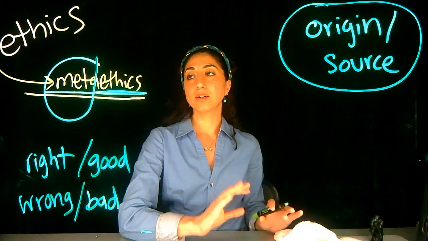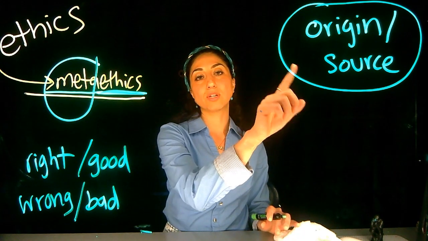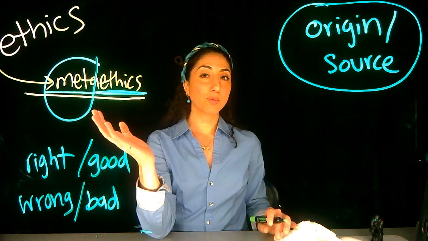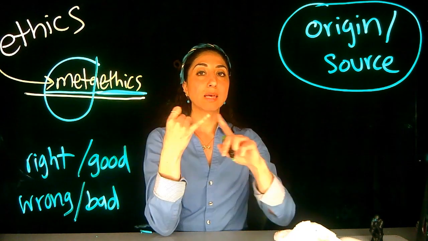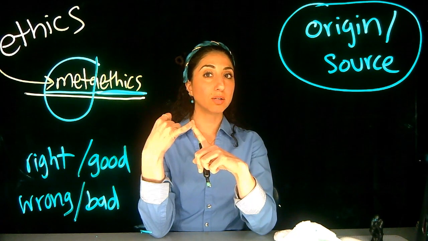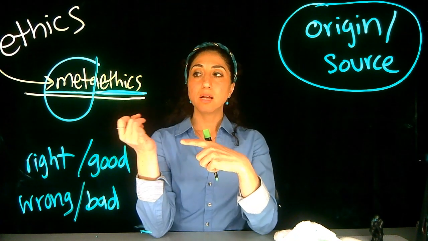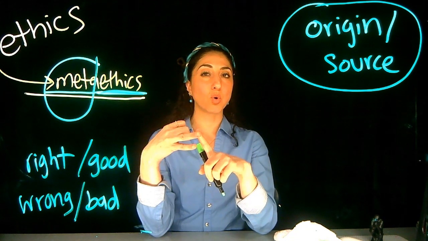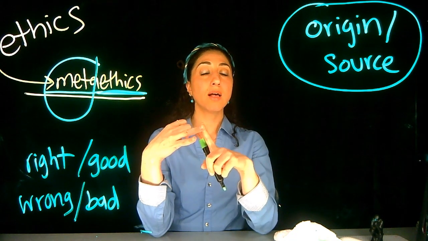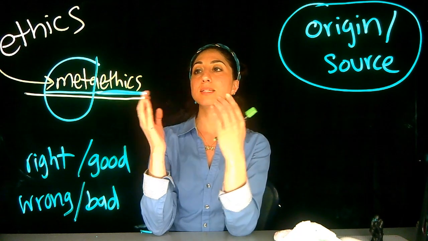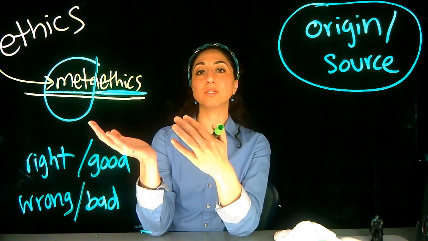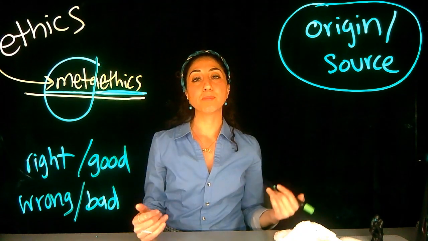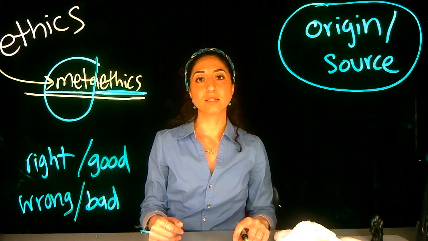But the point here is that those kinds of questions are called metaethical questions because they are dealing with right and wrong, but they're not claiming that some action is right or wrong. That'd be applied ethics. Metaethical questions are not talking about the theories according to which something is right or wrong. That would be normative ethics. Instead, metaethical questions are the ones that are asking background about the assumption or the attitudes of the people who are using these kinds of words.